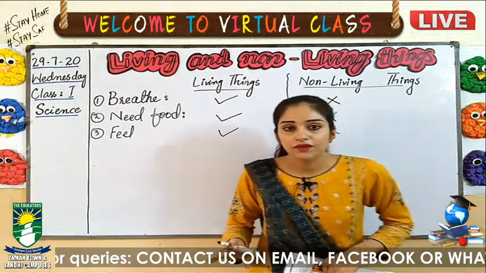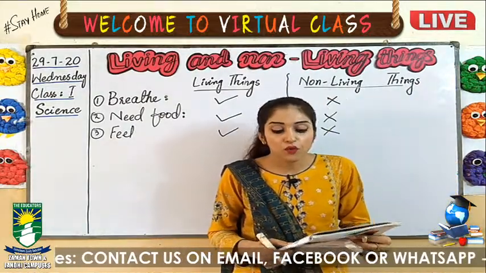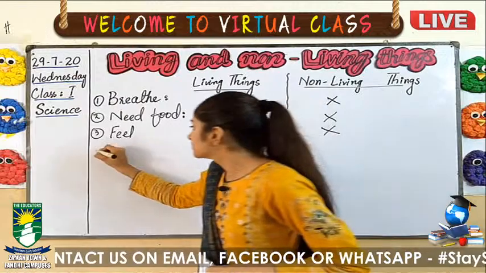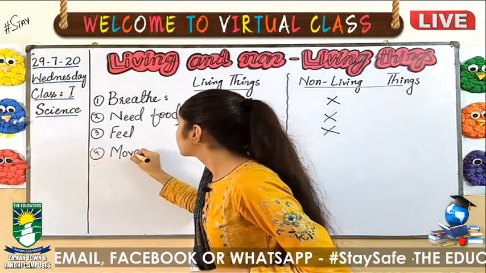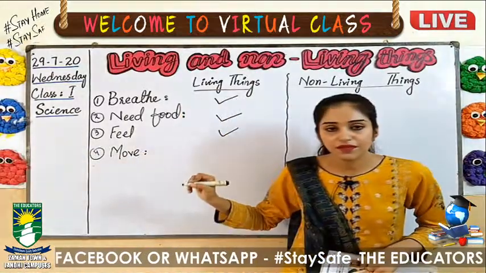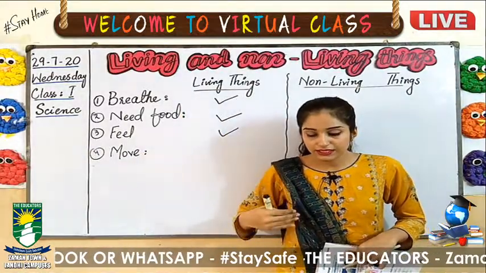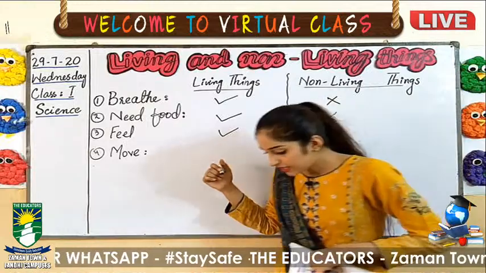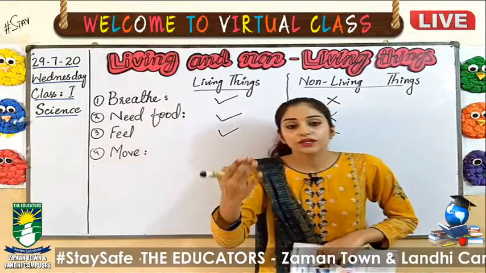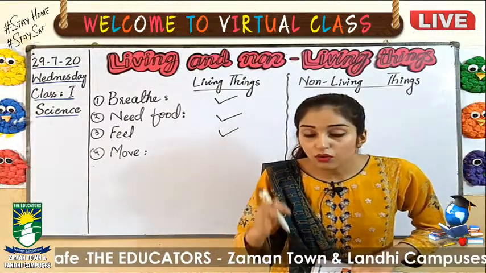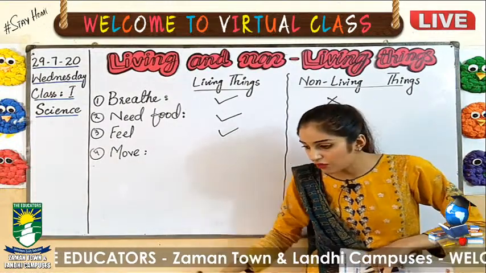They don't have feelings. Number 4 is movement. Living things can move. As you can see, I can move my hands. I can walk, right? So this is called movement. You can also move. Plants also move in the form of growth.